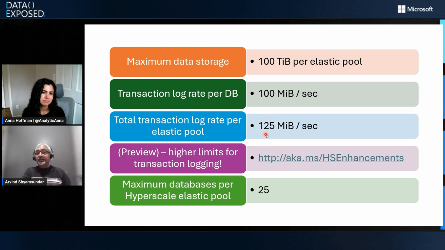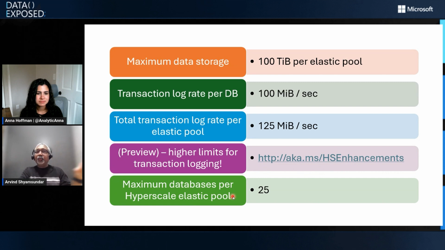And just be aware that this limit is going to go up even more publicly in the near future. We already have a limited preview for increased transaction log ingestion rates or generation rates. Take a look at this blog post, which covers some of the improvements in that area. And last but not the least, the number of databases per pool is capped at 25 TB.